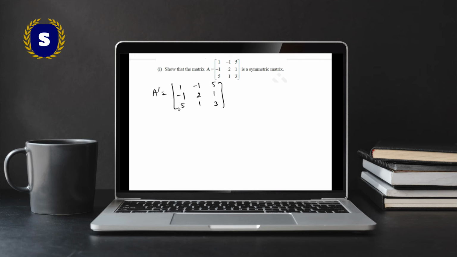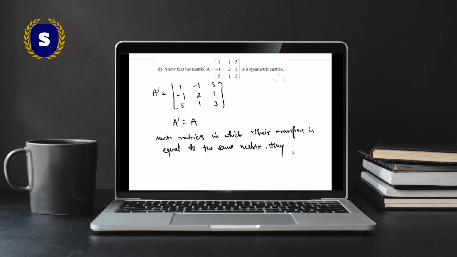And we can observe that A transpose is equal to matrix A. Such matrices in which their transpose is equal to the same matrix are called symmetric matrices, right? This we have done.